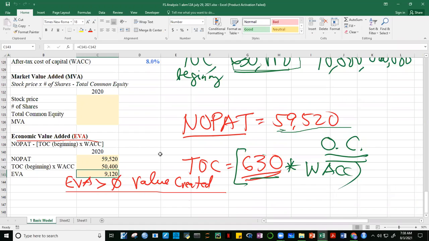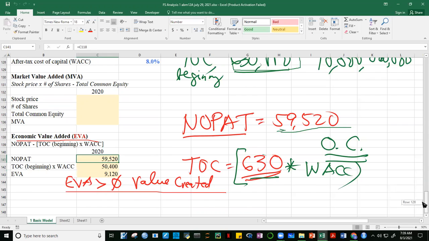So if there's an opportunity cost for them, then it's just right to charge management with the use of the capital. That's why we did a capital charge to management, and for as long as that capital charge is less than the operating profit, then value was created. Otherwise, value was destroyed.